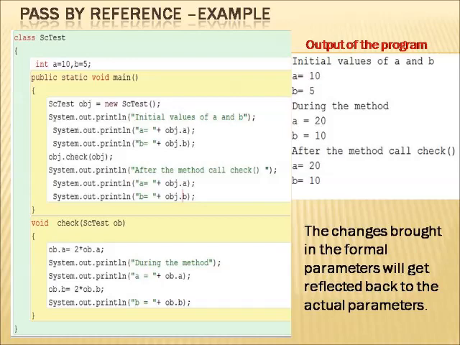Okay, the changes we made. So please see that in the case of pass by reference, we use a non-primitive data type as the parameter, right? So here we are using an object as the parameter.